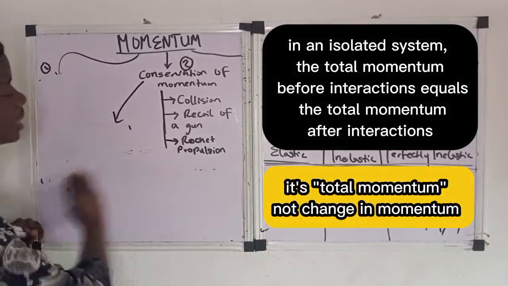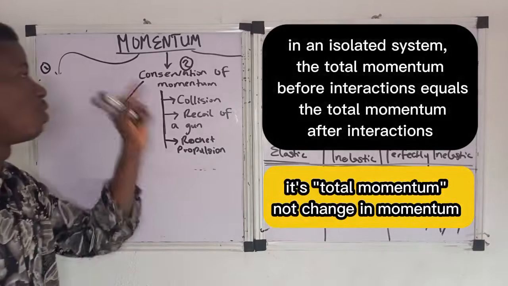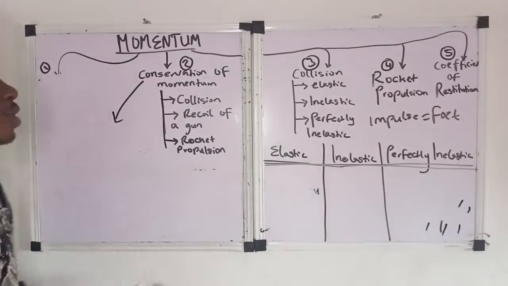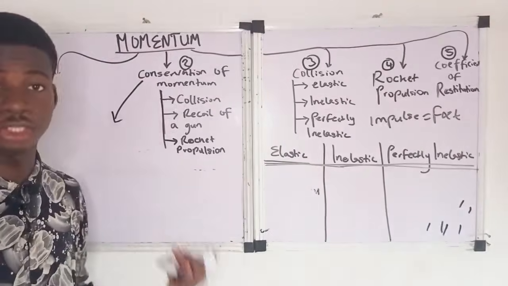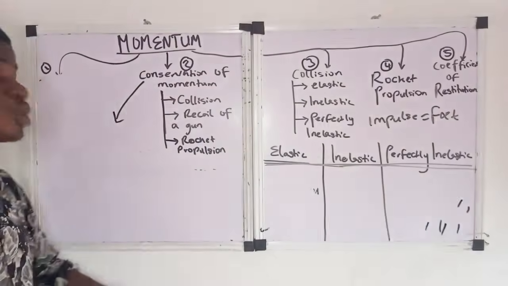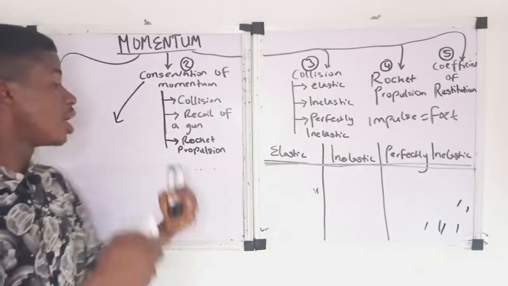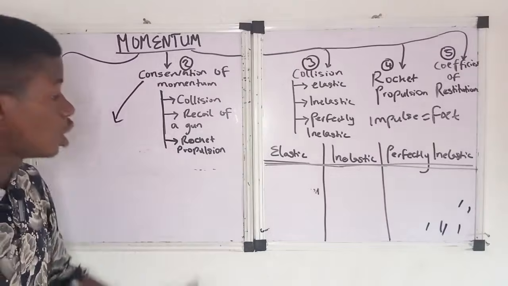Now these are the applications of this law. One application is collision. The second is the recoil of a gun. The third is rocket propulsion.